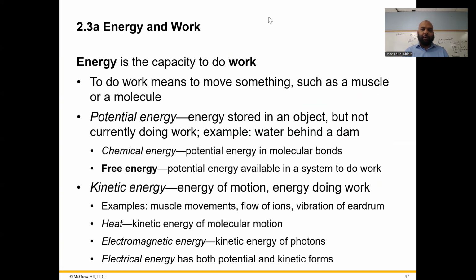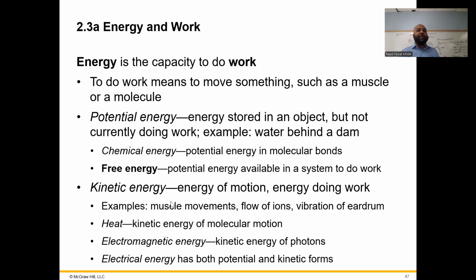So we mentioned that energy is a form of power that gives us the capacity to do work. To do work means to move something, such as a muscle or a molecule. There are different types of energy.